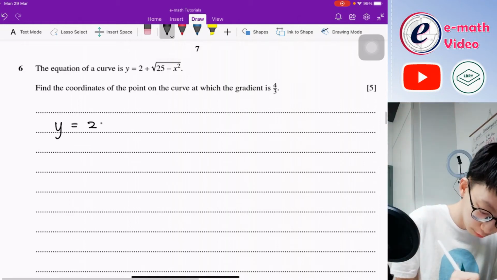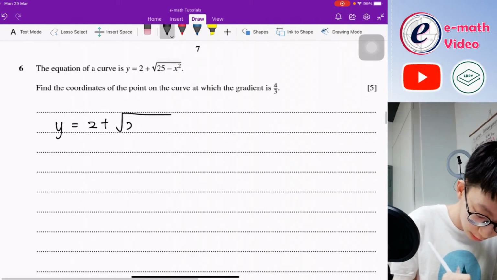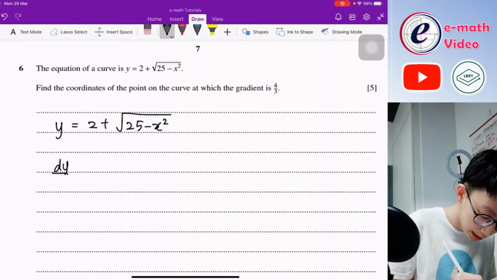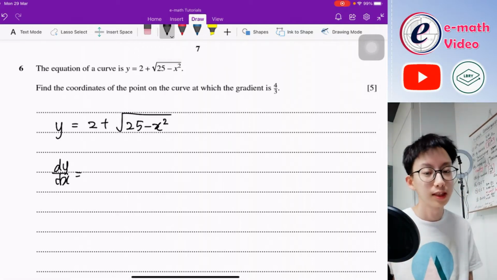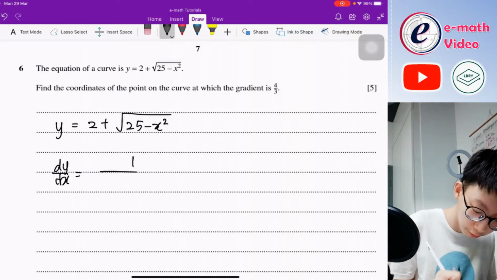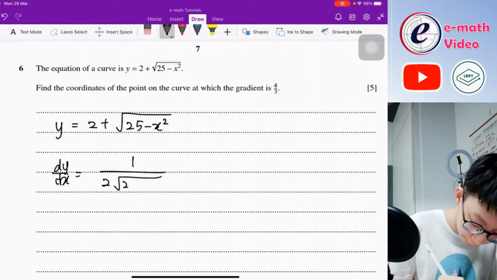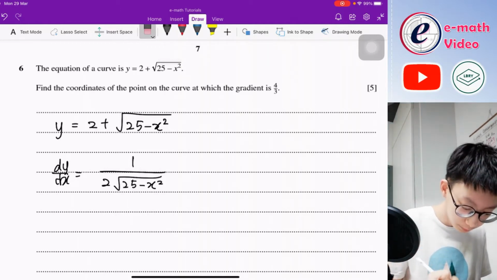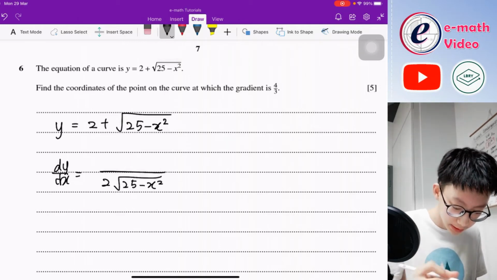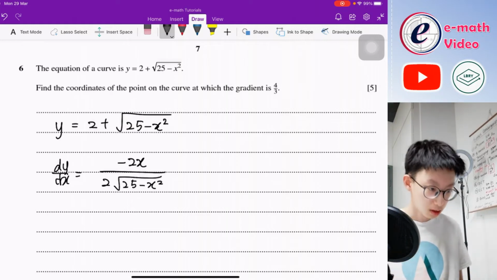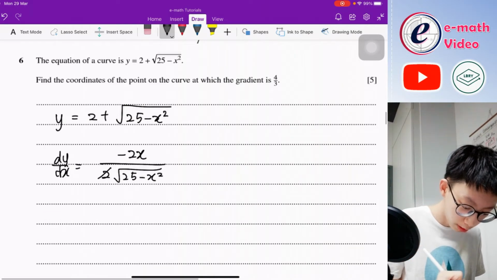y equals 2 plus square root of 25 minus x squared, and dy/dx will just be: you differentiate a constant, it becomes 0; you differentiate a square root, it becomes 1 over 2 times the square root of 25 minus x squared. Then remember the chain rule, inside is negative 2x to the first power. Now your 2 and 2 can cancel.